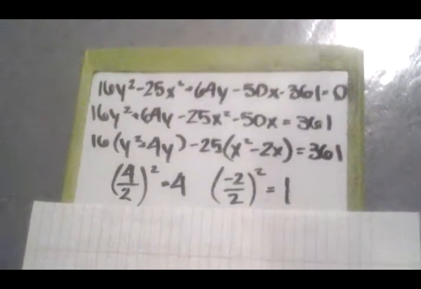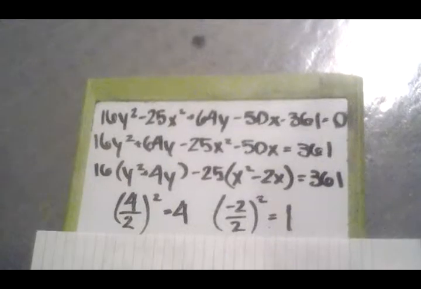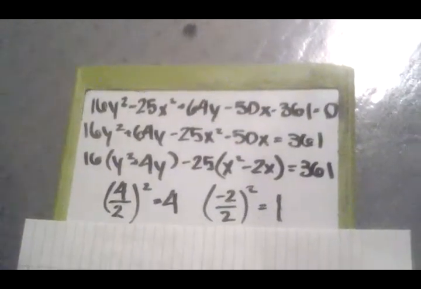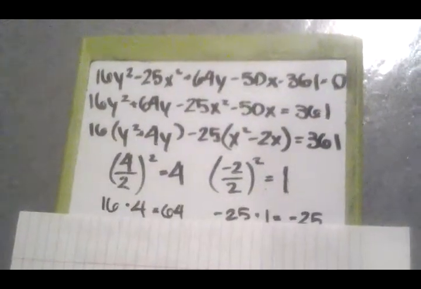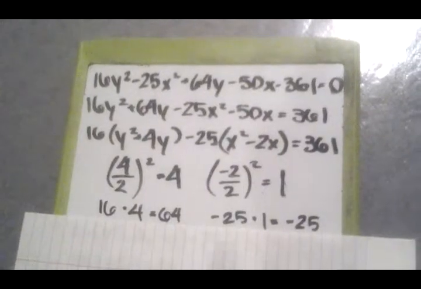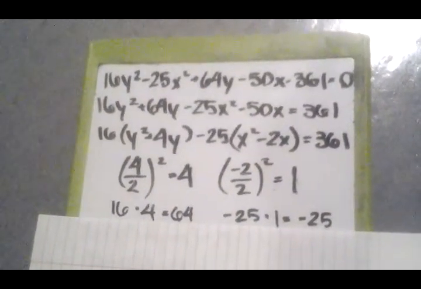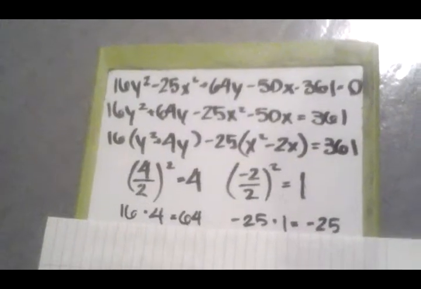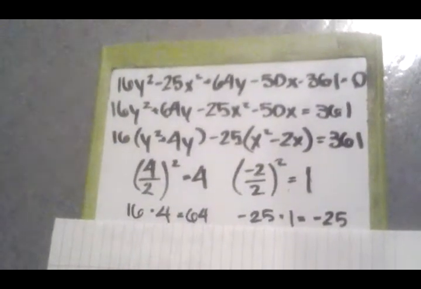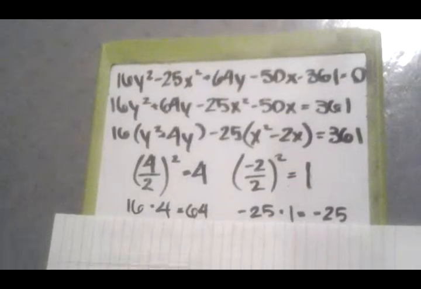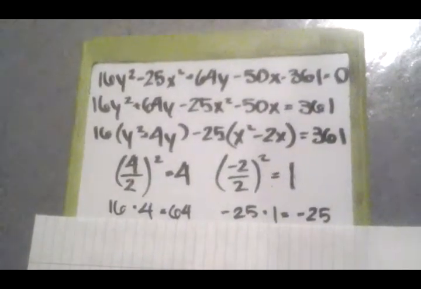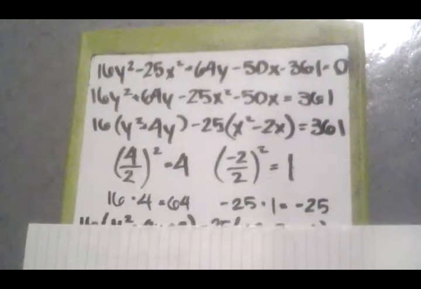So now you need to complete the square. For the y, you do 4 over 2 squared to get 4. For the x, you do 2 over 2 squared to get 1. When you add it to the constant, you need to multiply that number by the coefficient that you factored out in the beginning. So you multiply 16 by 4 to get 64, and negative 25 by 1 to get negative 25.